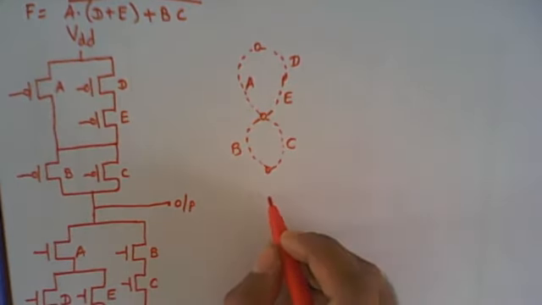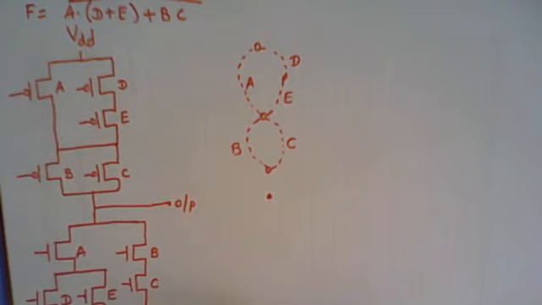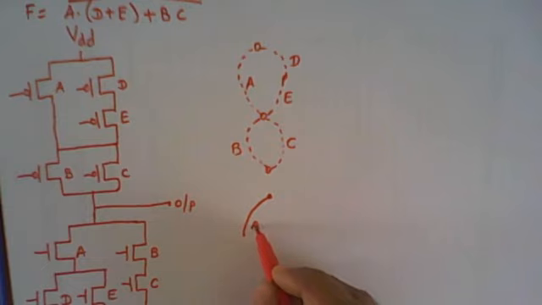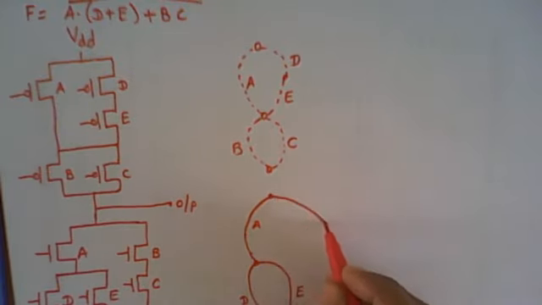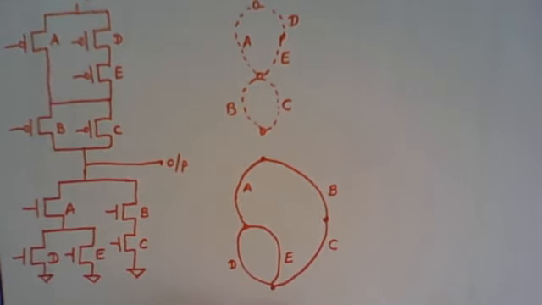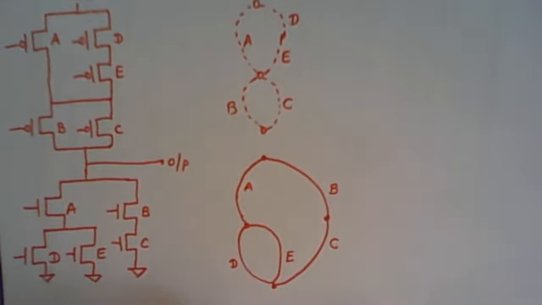Now in the NMOS network between the output and ground, one path is the A MOSFET, and there are two parallel paths, one for D and one for E, then in parallel with B and C. So this is the graph of PMOS and the graph of NMOS.